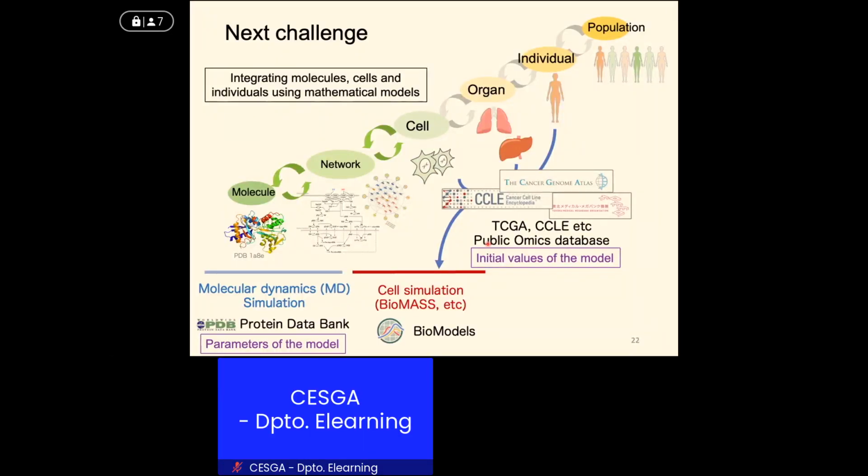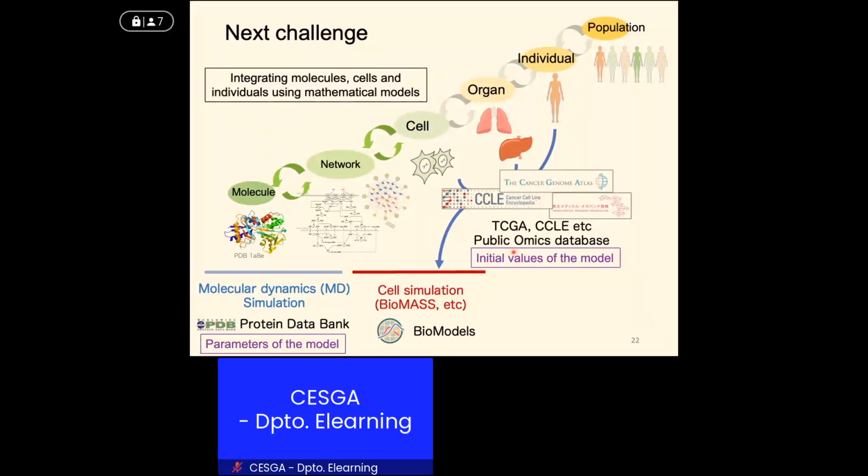So in our cell simulation, we could somehow develop the patient-specific model. But as I said, we can use the initial values of the model from those databases, but we don't know how the mutations of each patient affect the prognosis.